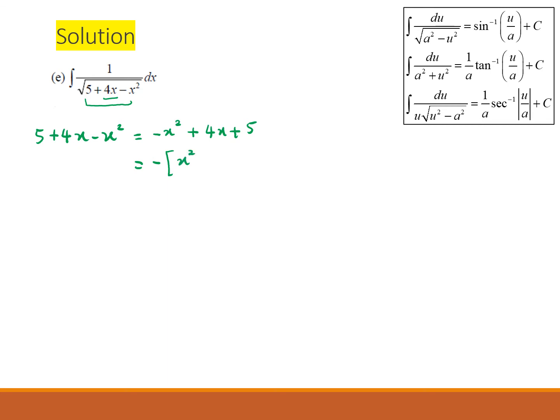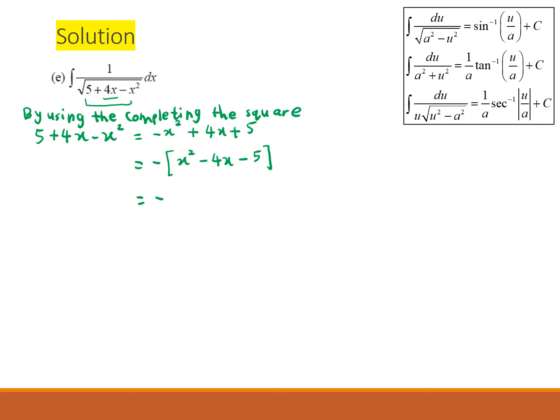So we have x squared minus 4x minus 5. Then the next step is using completing the square.